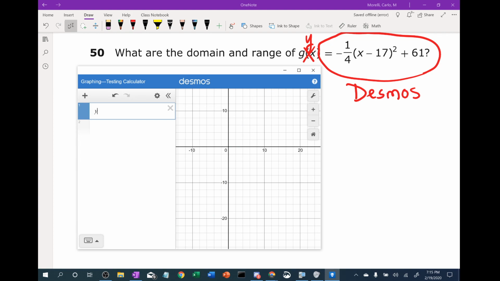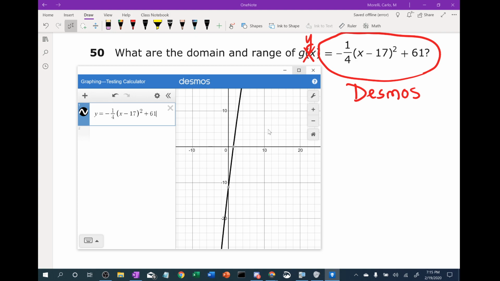So y equals negative 1 over 4, open parentheses, x minus 17 squared plus 61. Okay, and it wants to know the domain and range.